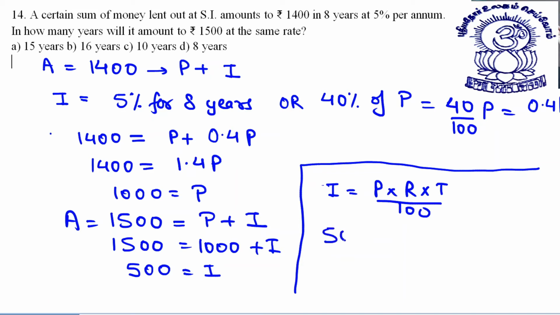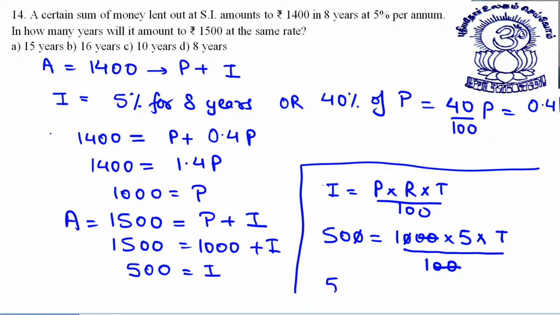So 500 is equal to 1000 into 5% into the time we need to find, divided by 100. Double zero cancels, 10 and 10 cancel, 5 cancels with 50, and T is equal to 10 years. Okay, dear students.